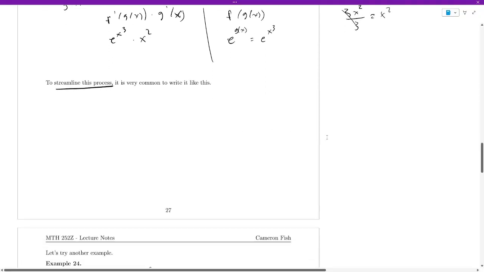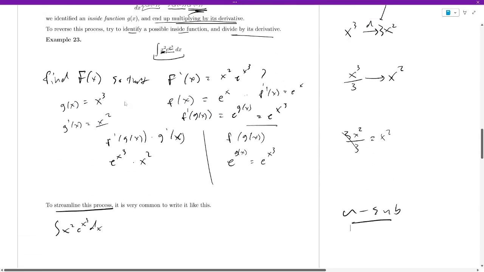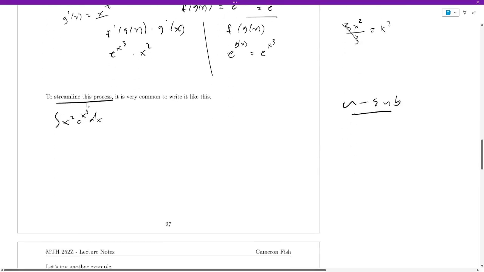So let's write it this way. Our original function was x squared e to the x cubed dx. So this is where the name u substitution comes in, and I'm usually just going to say u sub. By tradition, people use the letter u, but the u is going to play the same role as the g. We're identifying an inside function, and I'm going to call that inside function u.